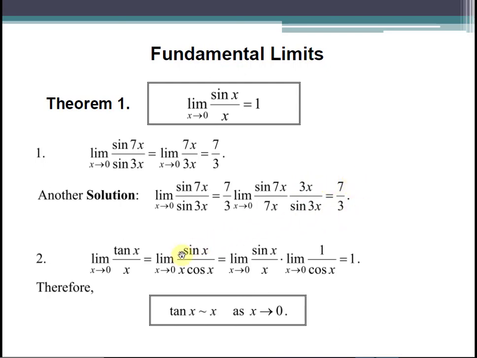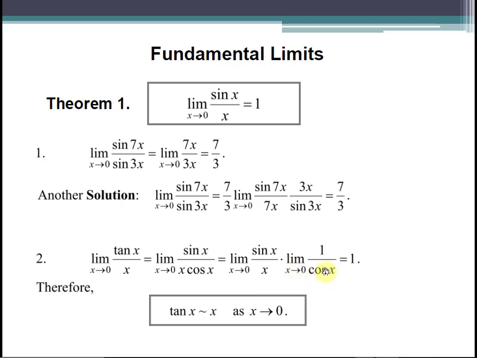Now, the next one, limit as x tends to 0, tangent x over x. Again, we can open tangent x as sine x over cosine x. So sine x over x goes to 1 from the first theorem.